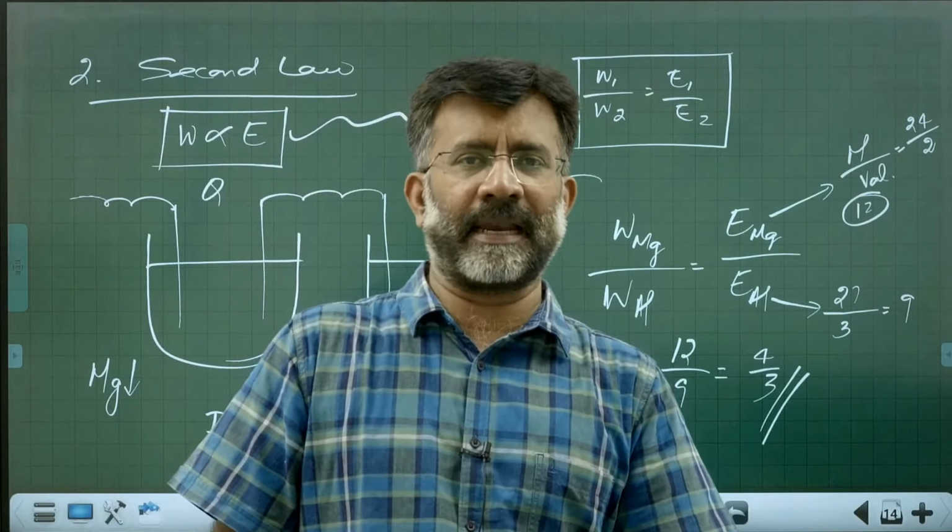At anode, there will be oxidation taking place, nothing but copper atoms will be dissolving into the solution. So copper solid is oxidized to Cu2 plus and 2 electrons, and Cu2 plus will be coming to the solution. So copper metal from the anode will be dissolving in the solution.